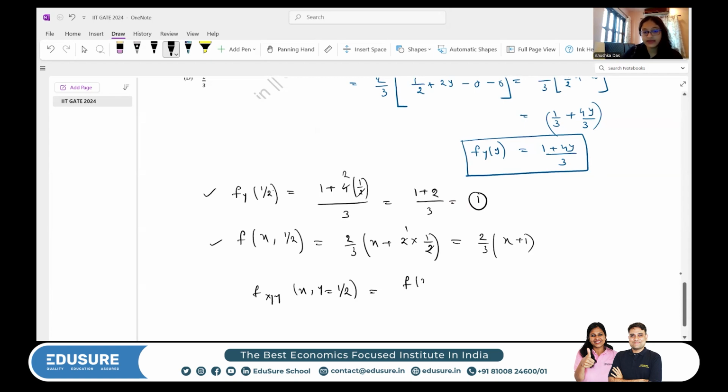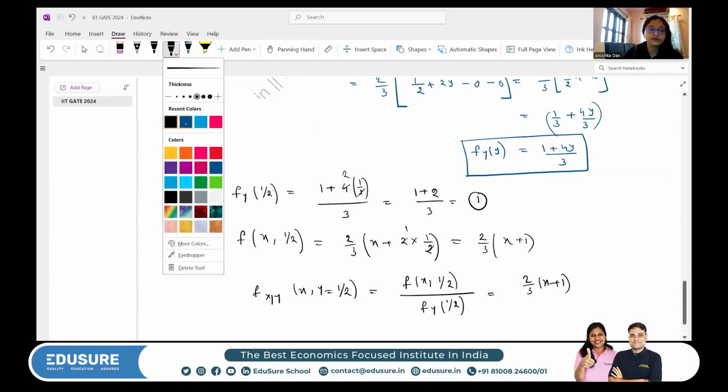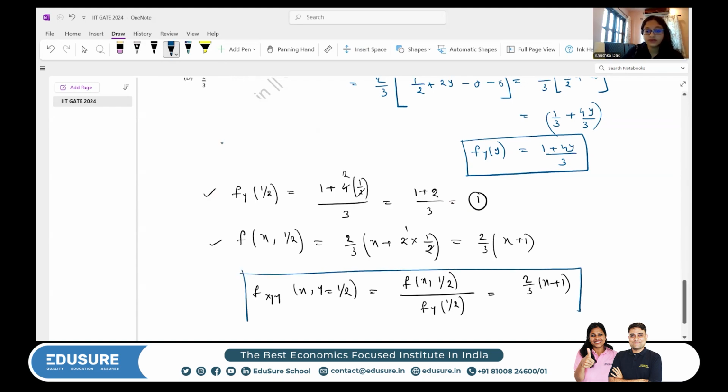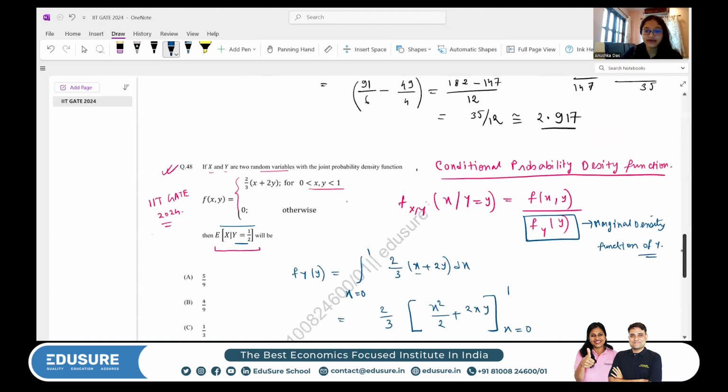That will be simply f of x, half upon f y of half. So 2/3 x plus 1 upon this is 1. So this will be the expression. This will be the conditional probability density function that I was talking about, right? Conditional probability function of x given y.